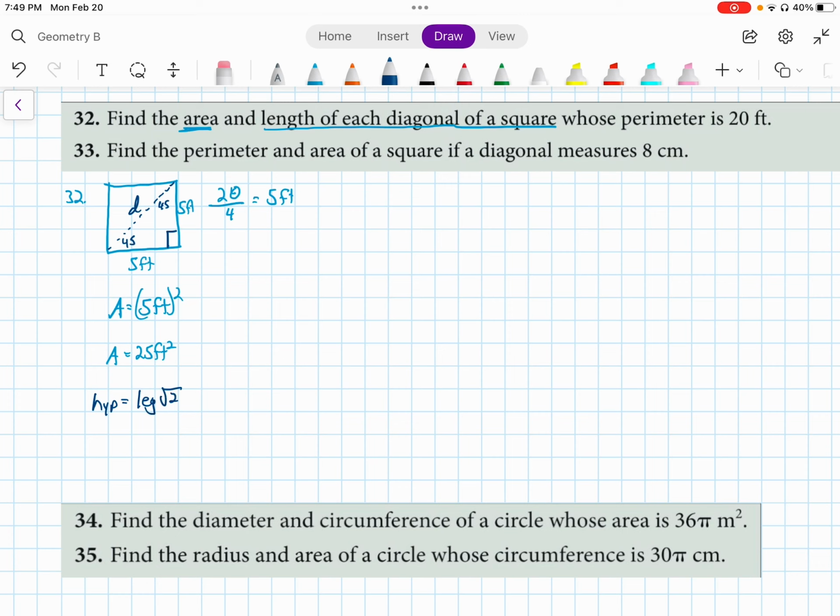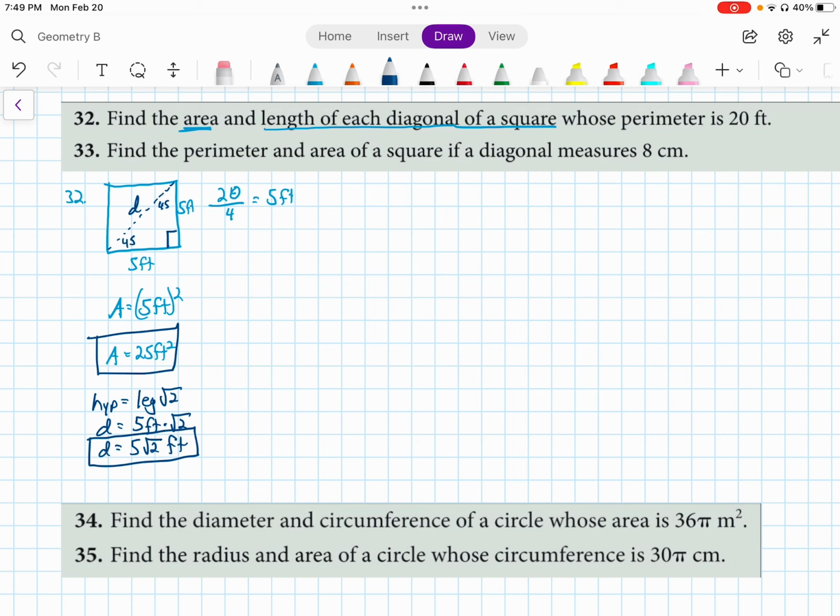So in this case, D equals the leg, which is 5 feet, times the square root of 2. And so we write this as 5 square root of 2 feet. So we found the area and we found the diagonal.